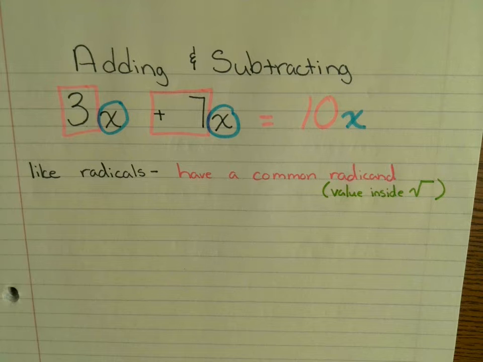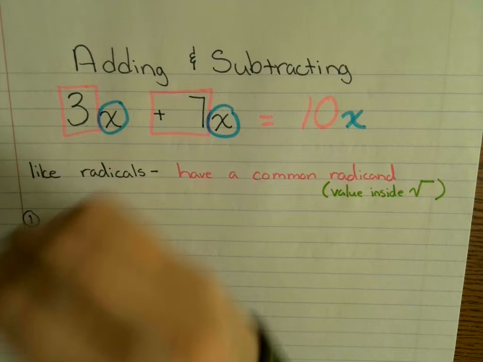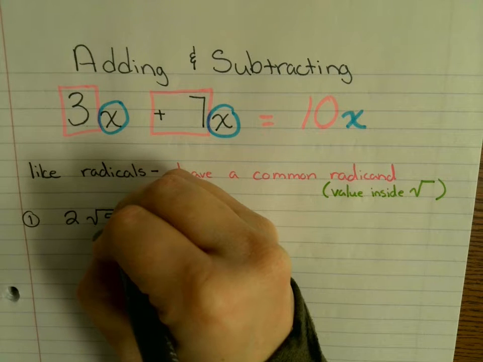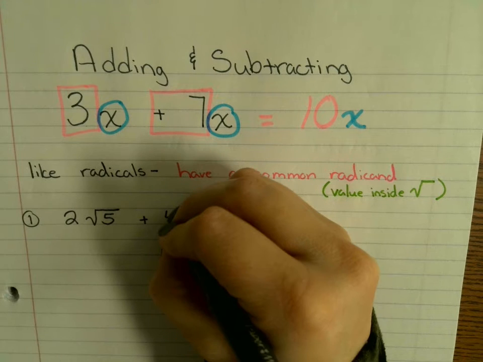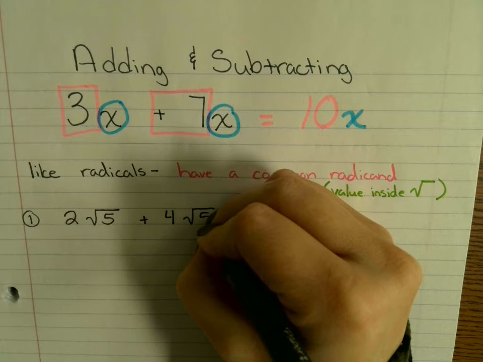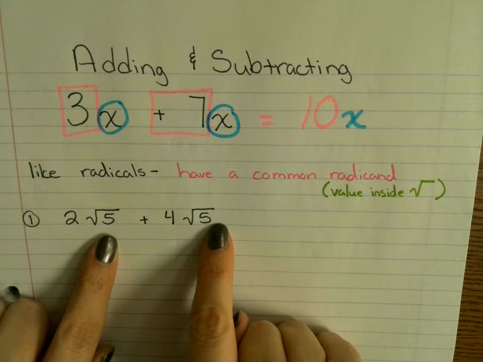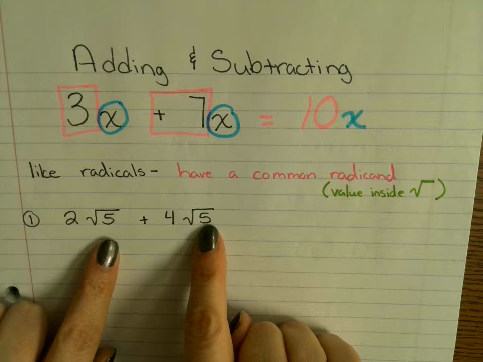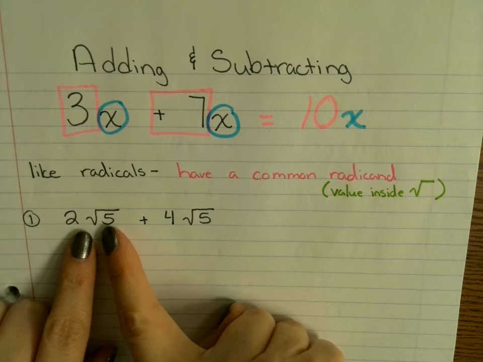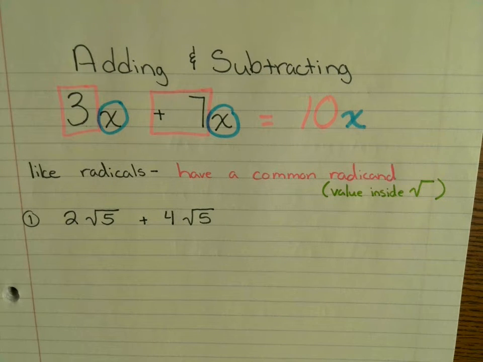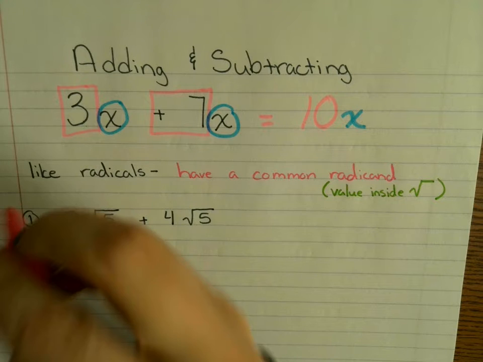So let's take a look at an easy example. If I have 2 square root of 5, and I want to add it with 4 square root of 5, I can. If this said 2x plus 4x, I could do 2x plus 4x. So same thing here. 2 square root of 5 plus 4 square root of 5. I can add that together by just focusing on adding the coefficients.